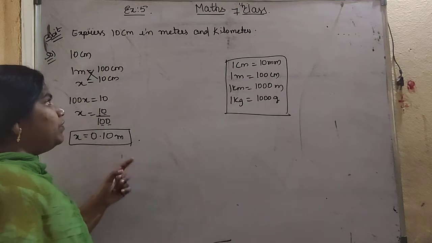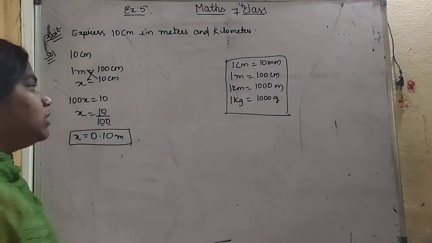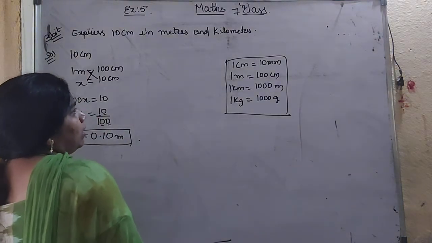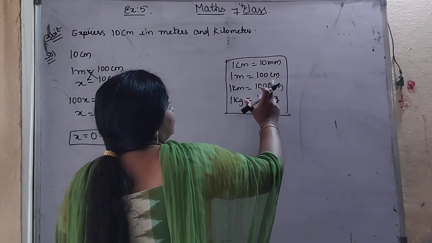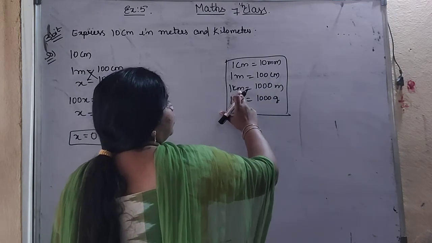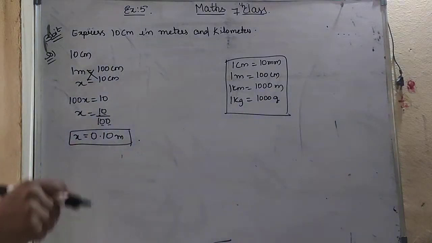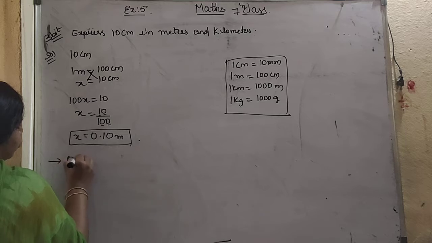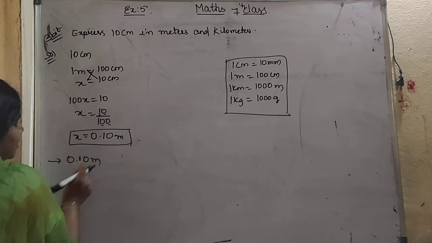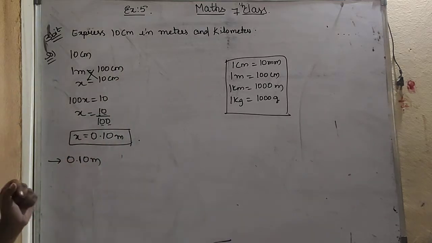Now this meters value we have to convert into kilometers. Already we know that 1 kilometer is equal to 1000 meters. So we will apply that conversion now. We have 0.10 meter, and we have to convert this into kilometers.